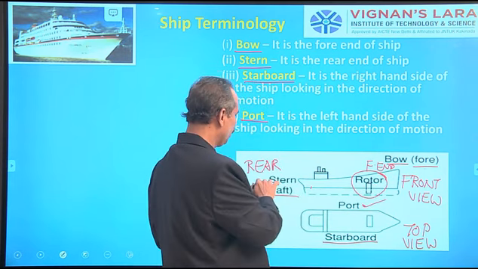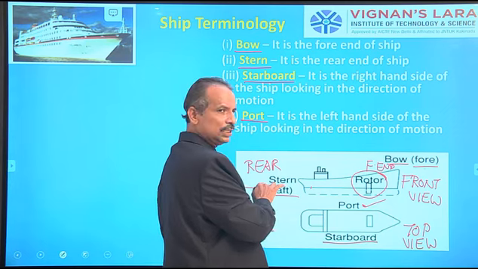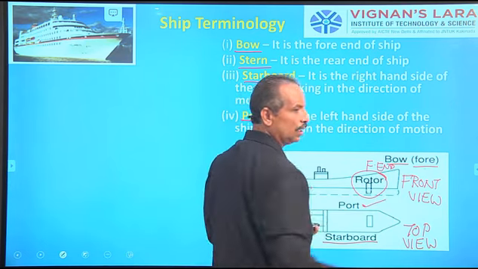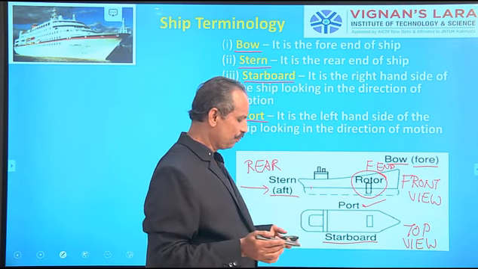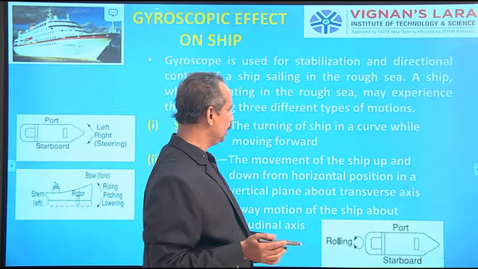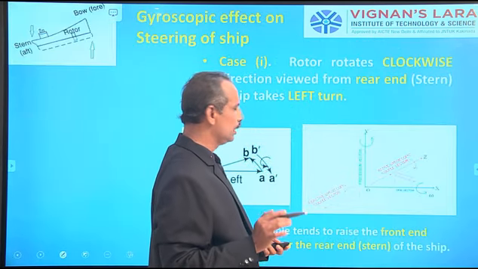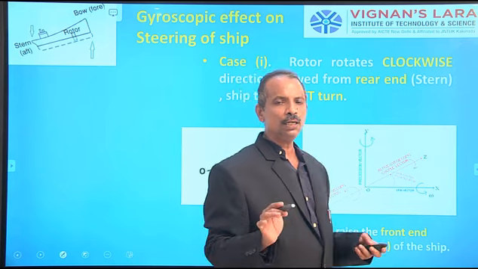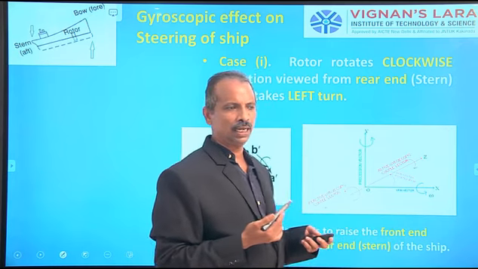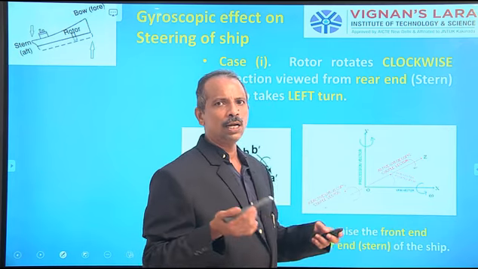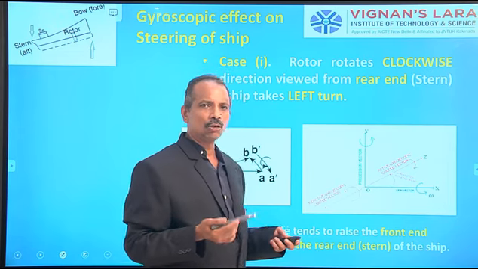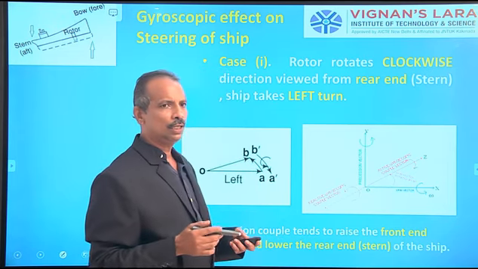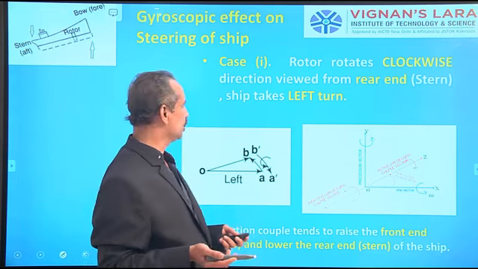Or if I look from here counterclockwise, then from here it looks clockwise. So keep in your mind, in all our discussions, we are assuming we are at the rear end of either a ship or aeroplane and we are watching the rotation of the rotor in the aeroplane or the ship.